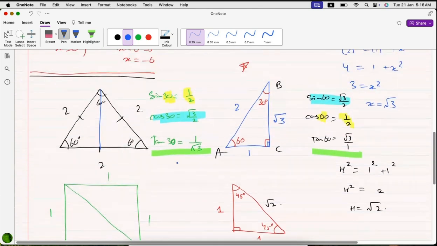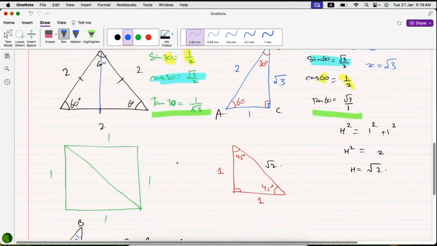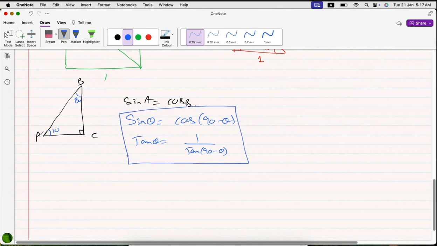And if we just look at tan, they are reciprocal of each other. So I can write tan theta is equal to 1 over tan of 90 minus theta. Sine A equals cos B. So A is 10 and B is 80, right?